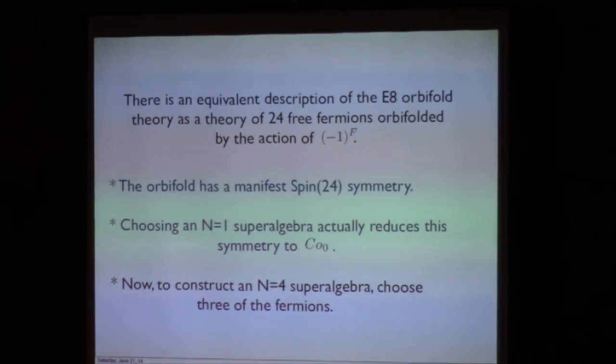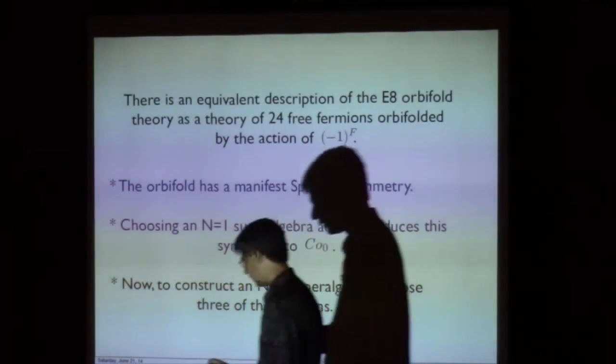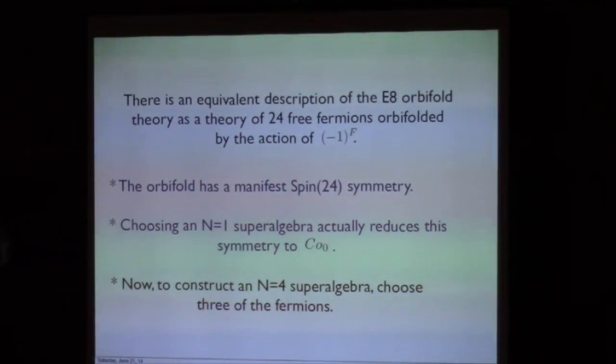Now anyway, let me now try to reconnect to the second part of my talk about geometry. There's an equivalent description of the theory I've just been talking about with all these symmetries as a theory of 24 free fermions orbifolded by the action of (-1)^F. That orbifold has manifest Spin(24) symmetry because there are 24 free fermions. Choosing an N=1 superalgebra gives you Conway zero symmetry.